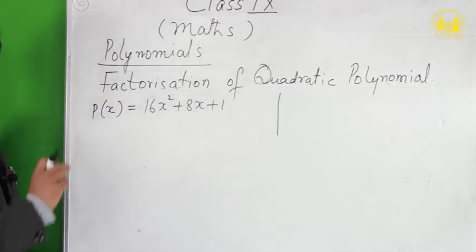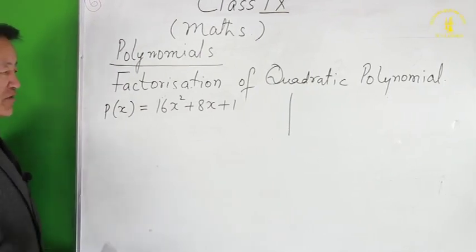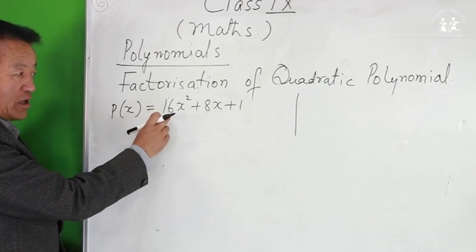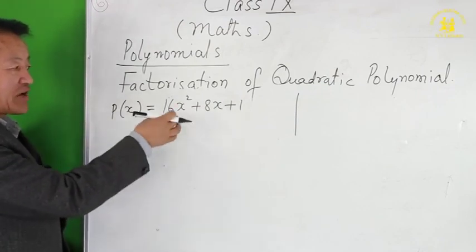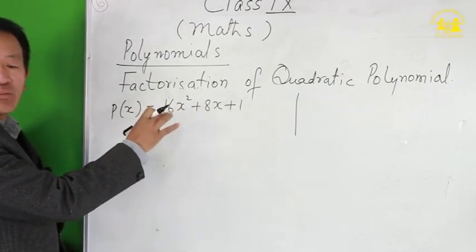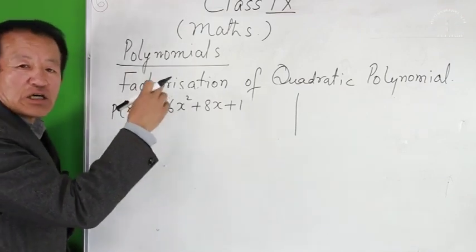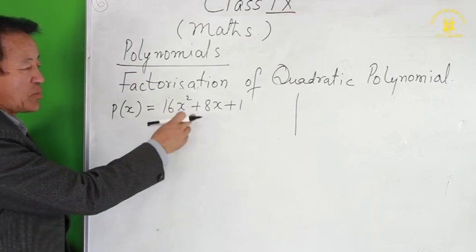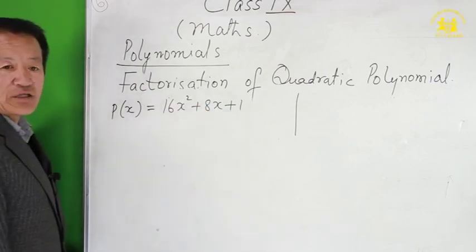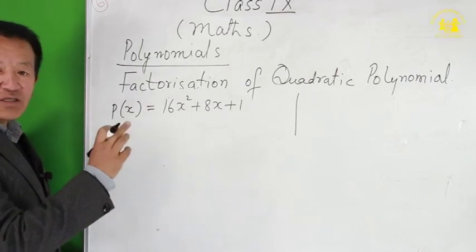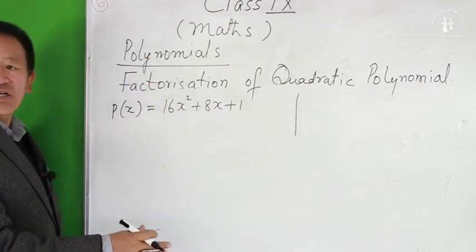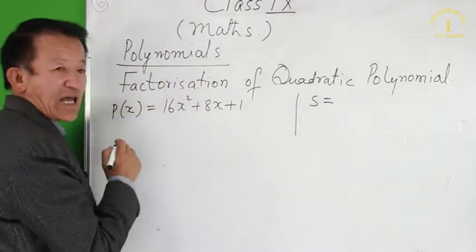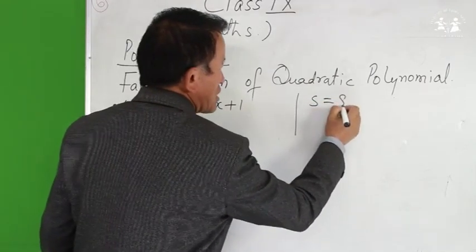In the earlier two examples, we have taken the coefficient of x squared equal to 1. Now what about if the coefficient of x squared is not equal to 1, but some other number? For example, in this case, 16x squared plus 8x plus 1. In this case, how can we factorize? The basic factorization is the same. The middle term is plus 8x, the sum is 8.